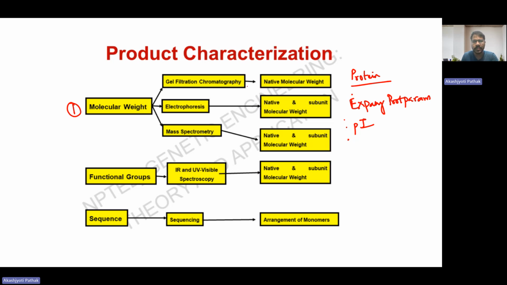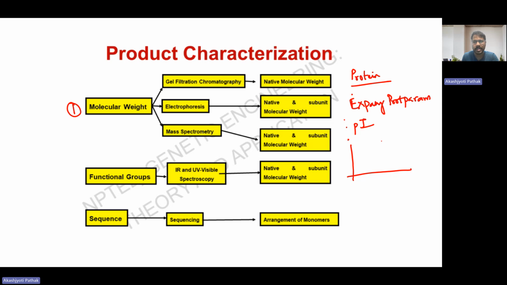We learned that gel filtration chromatography separates proteins on the basis of the size and shape of the protein. Just by running a gel filtration chromatography, how will you know whether you have your desired protein of interest? What is done is you run different standards through your column.